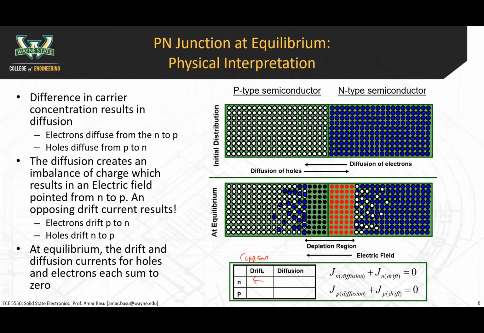From left to right. Correct. Electrons are drifting from left to right, so the corresponding current is right to left. Excellent. Thank you, Ali. And how about the diffusion of electrons? Which direction is the electron diffusion current? Can I have someone else?